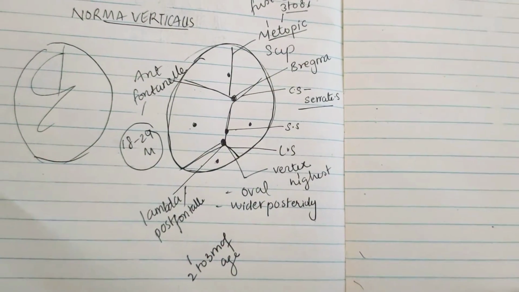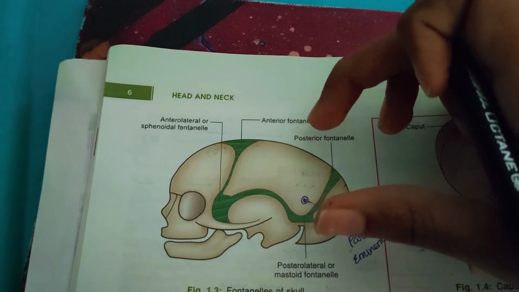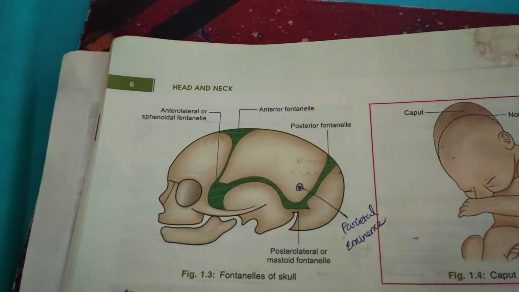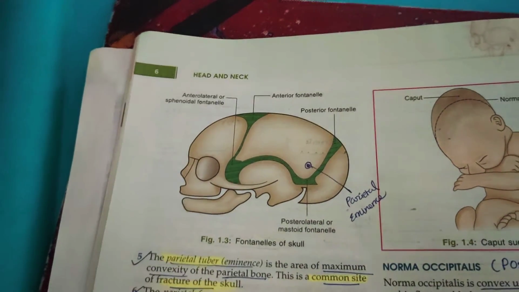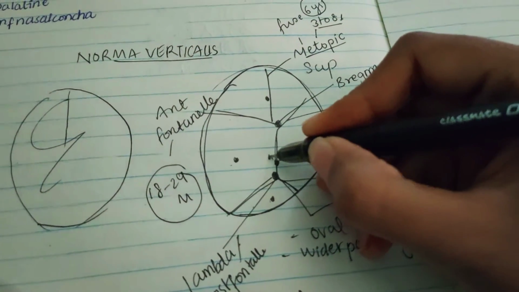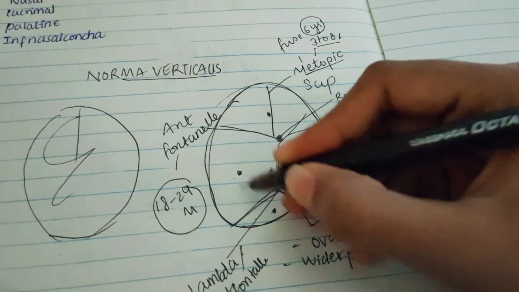Okay, so if you see here, this is called the parietal eminence. On the posterior side, the most prominent place is called the parietal eminence. And next coming to the parietal foramen. For that you need to see this diagram here. The parietal foramina are just beside the sagittal suture in the parietal bones.